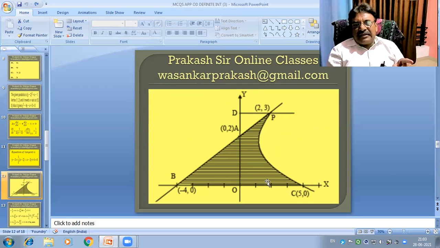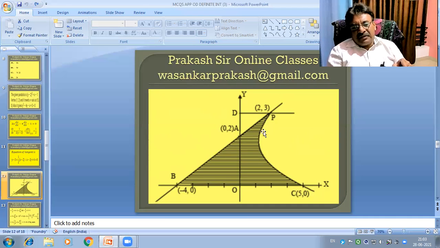This other area is bounded by the x-axis, whose equation is y equals 0. Next we draw PD perpendicular to the y-axis, and the equation of PD is y equals 3. Therefore we integrate from y equals 0 to y equals 3, x of this curve into dy.